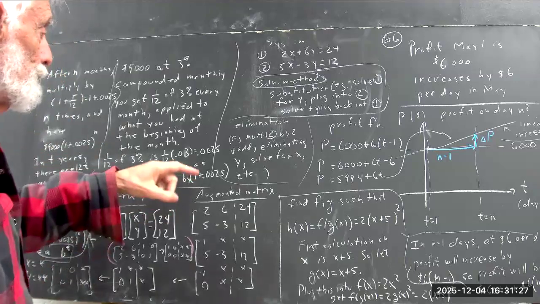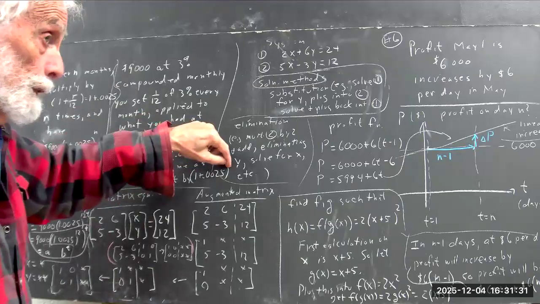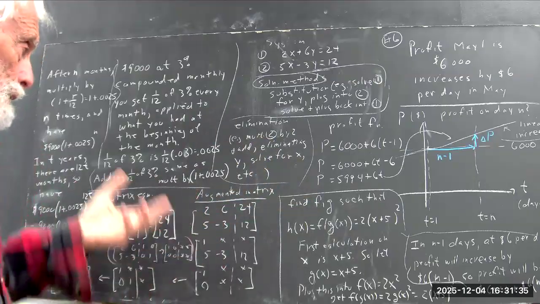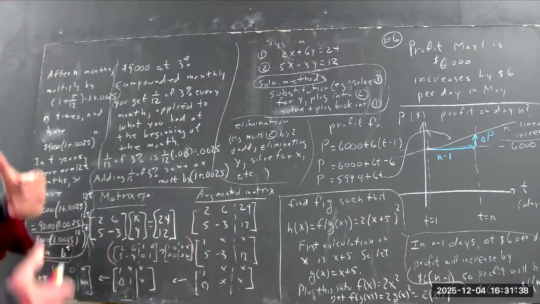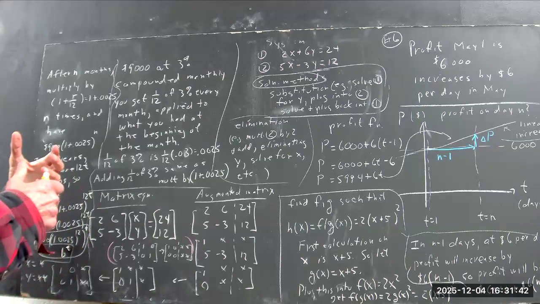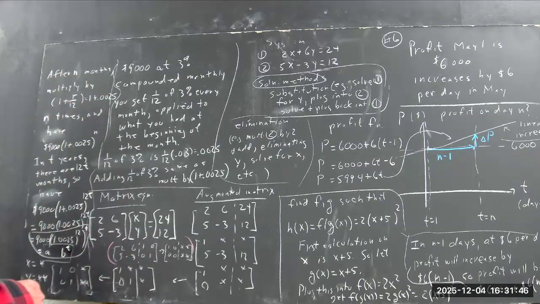Now, you then take whatever you get from this and multiply by this again. And you get the amount at the end of the second month, which is going to be a little bigger increase than you had in the first month, because at the beginning of the second month, you have more money than you did at the beginning of the first month.